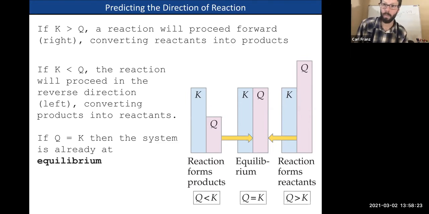Okay, it might be a problem where it says, this is the Q. Figure out what the equilibrium concentrations are, solve K, and then determine which is going to be more favored, right? So you have your Q already, you do your ICE table, you find your equilibrium concentrations at the bottom, and then you solve for K. And if K is greater than Q, you say, well, there's going to be more product at equilibrium. If K is less than Q, you're going to say, well, there's more reactant at equilibrium.